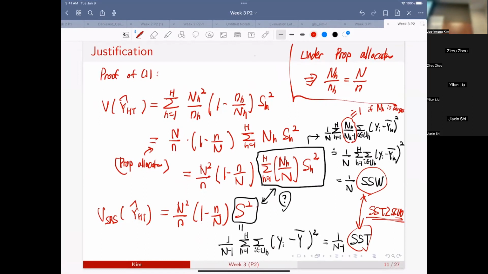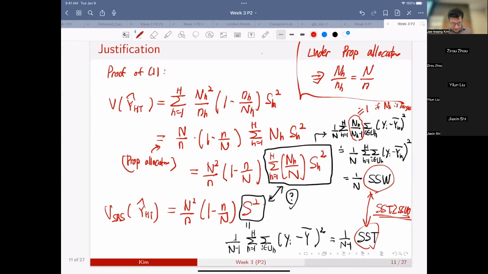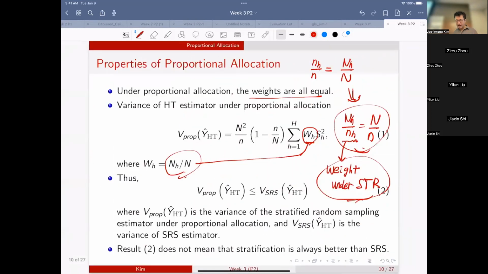That means the variance of the estimator under stratified sampling will be smaller than the variance under simple sampling, if the sample size allocation is proportional. So that is the big advantage of proportional allocation: you are guaranteed to achieve the efficiency gain using stratified sampling if you use proportional allocation.